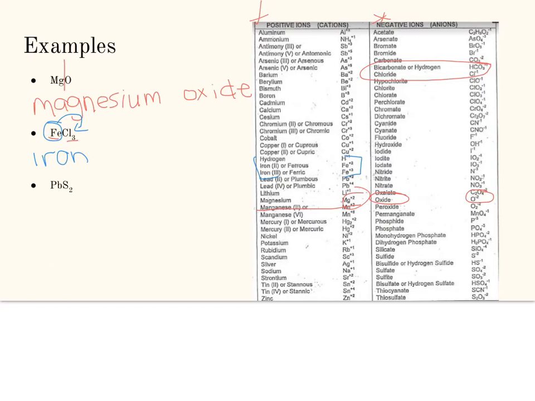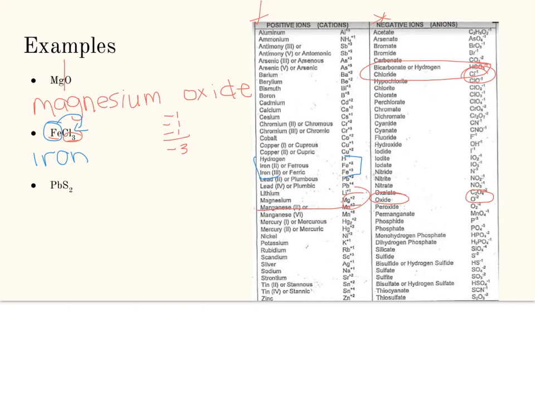And I see that the charge of a chloride ion is -1. So each chloride ion in this compound is carrying a -1 charge. I have 3 chlorides, so the overall charge of the chlorines in this compound is -3.